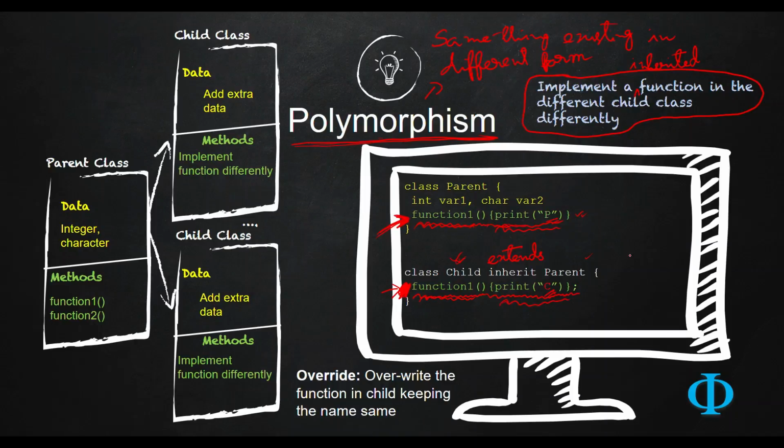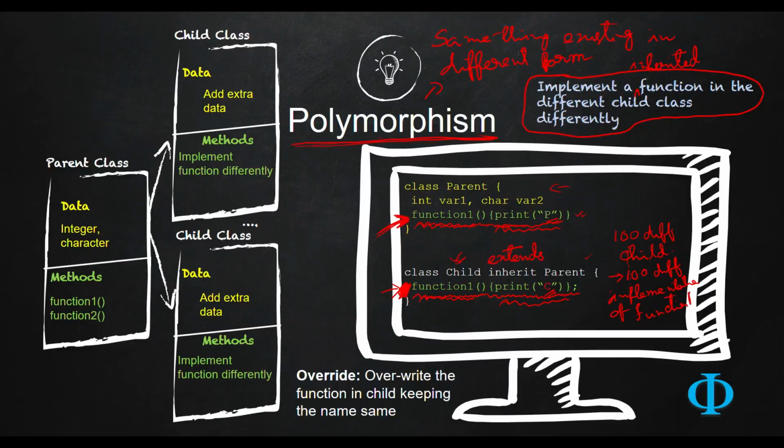Not only that, there can be, let's say, 100 different child classes for one parent. So in 100 different child classes, you can have 100 different implementations of this function 1.